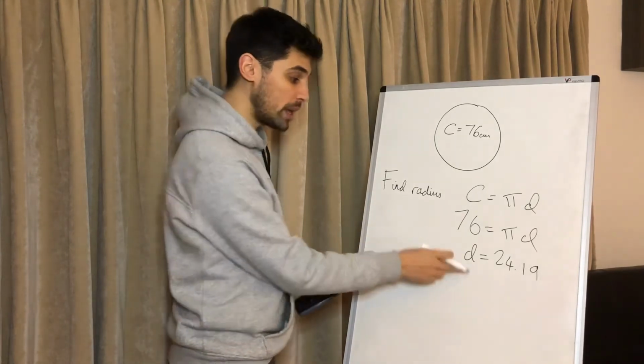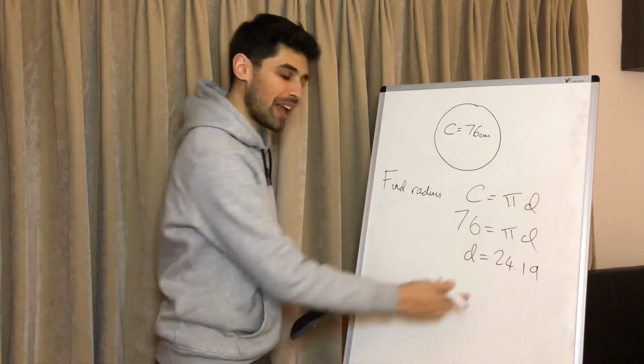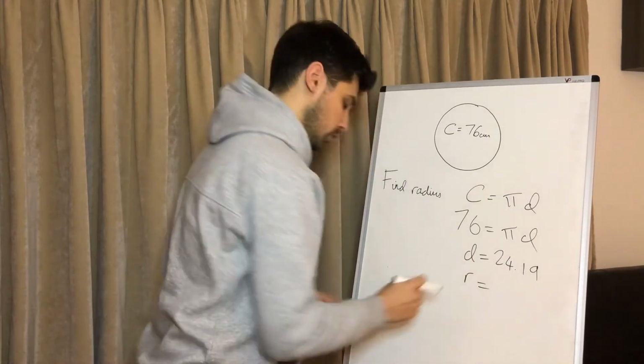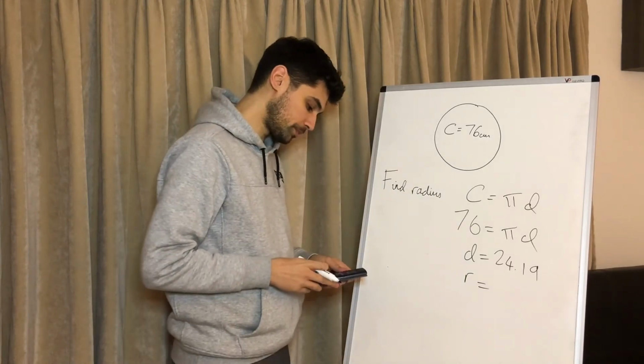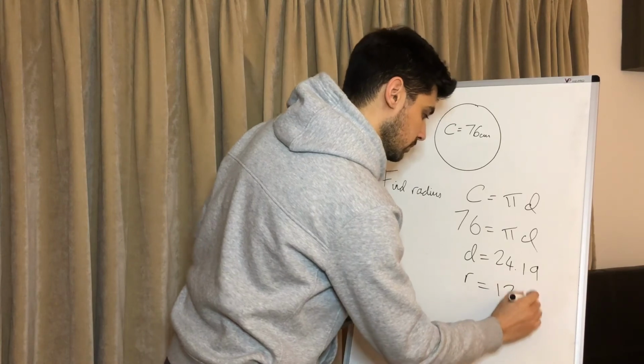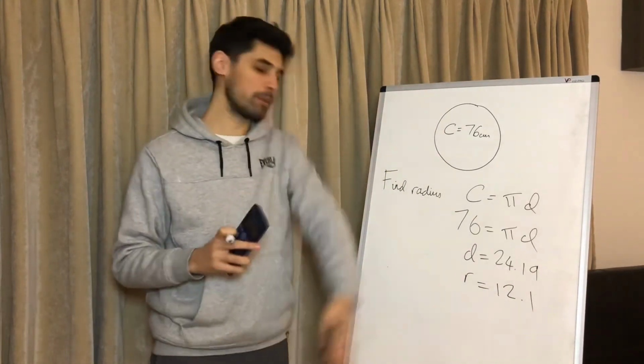Now, we know that the diameter is the whole way across. We only want the radius. So we have to now halve that to get the radius. So we divide our answer by 2, 12.1. Easy as that. So once we're comfortable with the formulas, everything becomes so much easier.